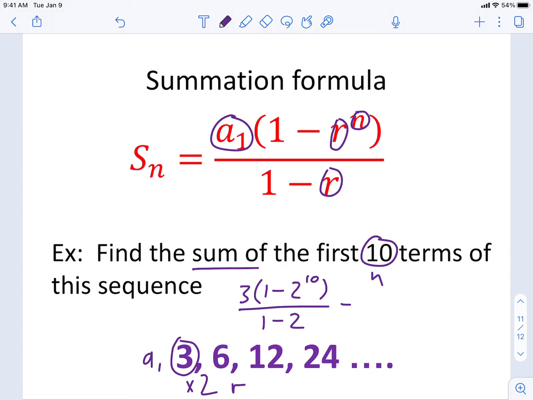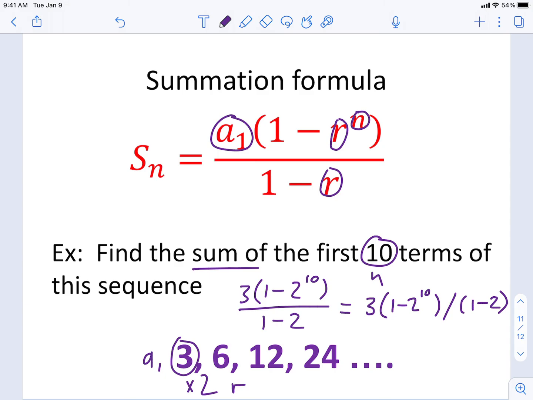Now when you plug this into your calculator, you could use the fraction option if you know how to do that to get it to look just like this, but what it's going to look like in most of yours is going to be this. If we do 3 parenthesis 1 minus 2, raise it to the 10th power, then hit the right button to get back down so you can put a parenthesis in, then divided by to get the little fraction bar, and then do parenthesis 1 minus 2.